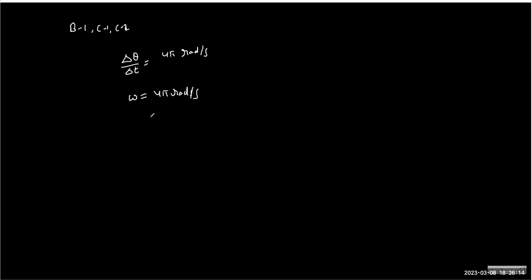What does it mean? Uniform circular motion means what? Speed is constant. Omega is constant, right? Yes, sir. So which acceleration will not be there?